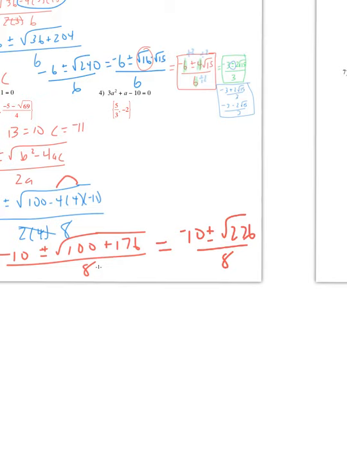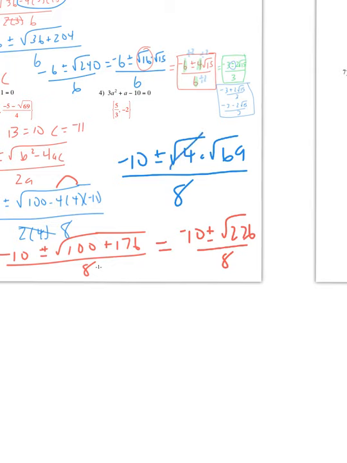All right, it looks like the only combination that works is 4. So we're going to end up with negative 10 plus or minus the square root of 4 times the square root of 69. 4 times 69 is 276. All of this over 8.